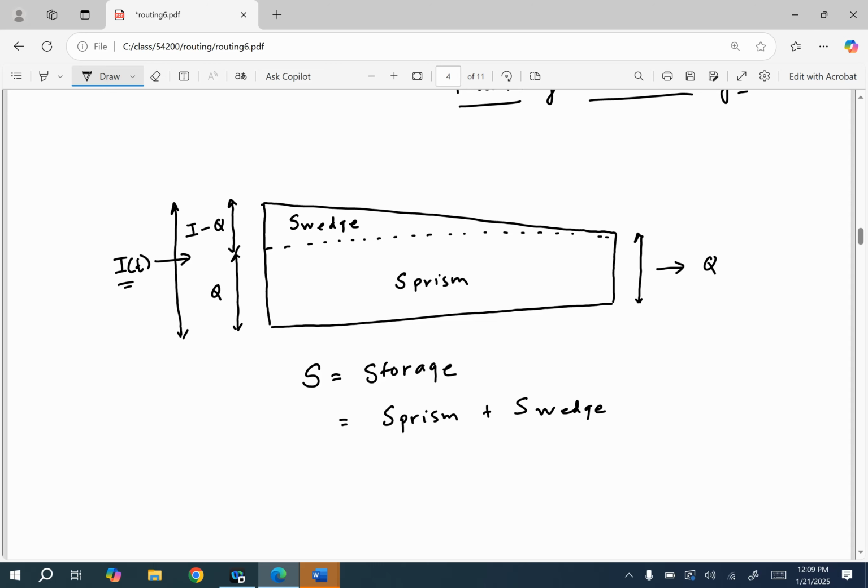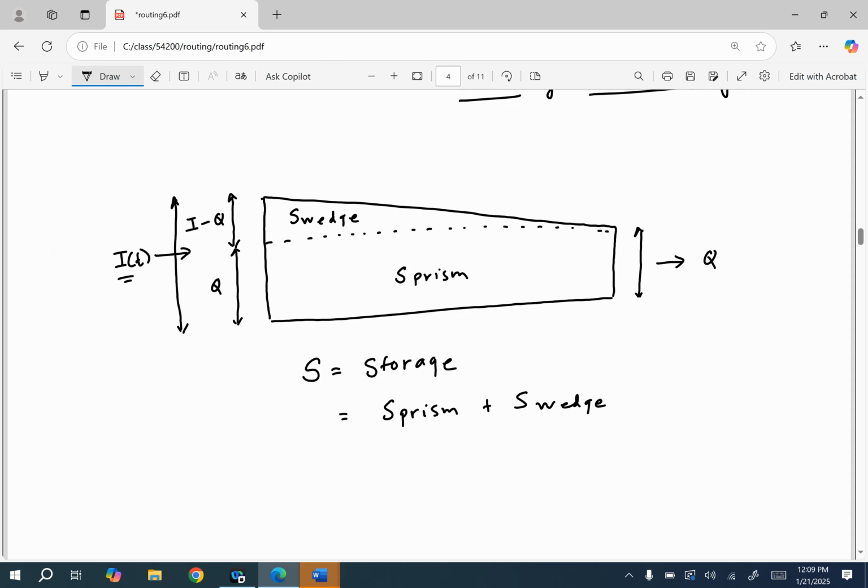Okay, and if that is the case, then we can write an expression for the prism storage and the wedge storage. For the prism storage, we have a rectangle here, and we can think of that as a linear reservoir. So that is going to be K times Q, and we have already used this in the linear reservoir problem.